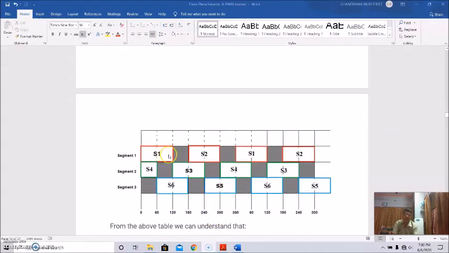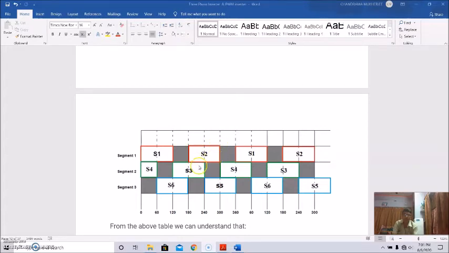This is H1, then H3, then H5. Since before, in the 180-degree conduction, H2 started for segment 1 after 180 degrees, it will now be started from 180 to 240.